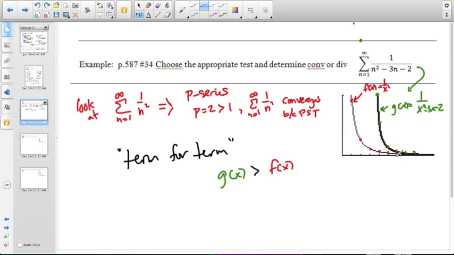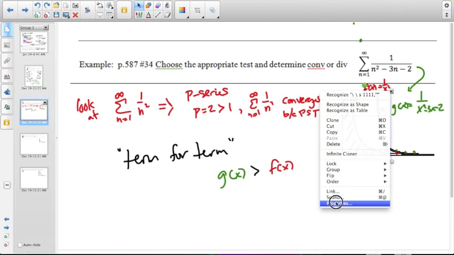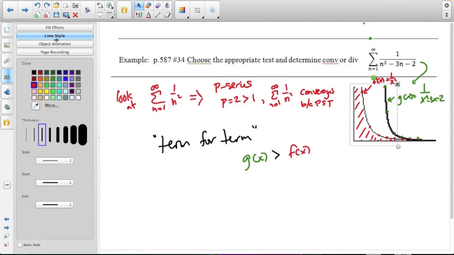Then if this converges, and what we're interested in here is term for term bigger, we can't really draw a conclusion. If you recall, if we have this convergent series here, we can call all of this stuff convergent.